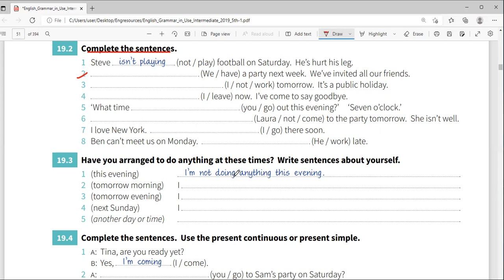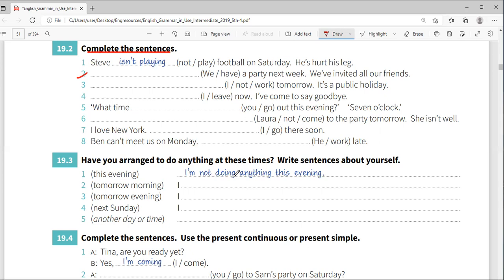The 7: I love New York, I'm going there soon. Is that possible? I thought it's announcing. No, maybe you're telling someone you love New York because you're going there soon. Maybe you have some prior arrangements. What makes you say you're going there soon is because you already have some plans underway.